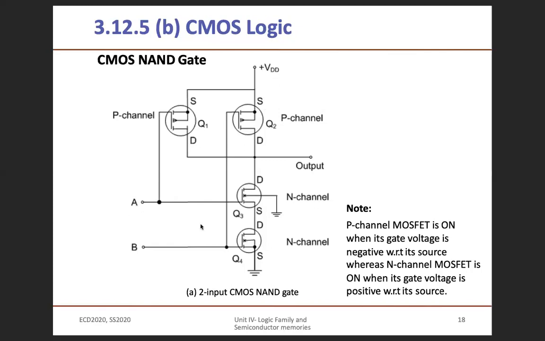However, the N channel transistors are turned on if you give high voltage. Since your two inputs are high, this is turned on and this is turned on. So Q3 and Q4 are turned on and they are short circuit. So your output is connected to ground. Therefore, your output is going to be 0. This verifies the truth table of the CMOS NAND gate, that is 1, 1, 1, 0.